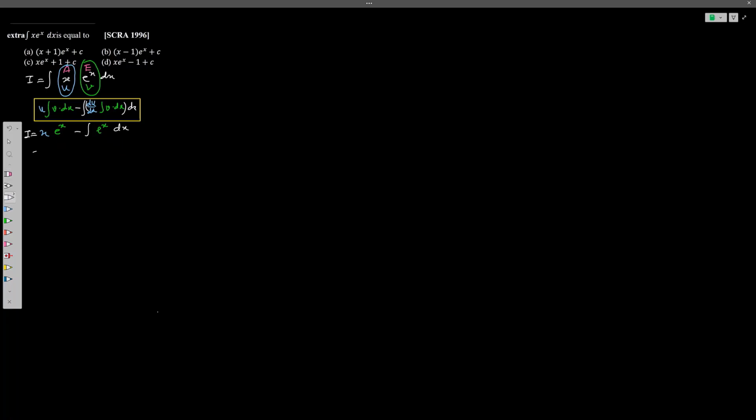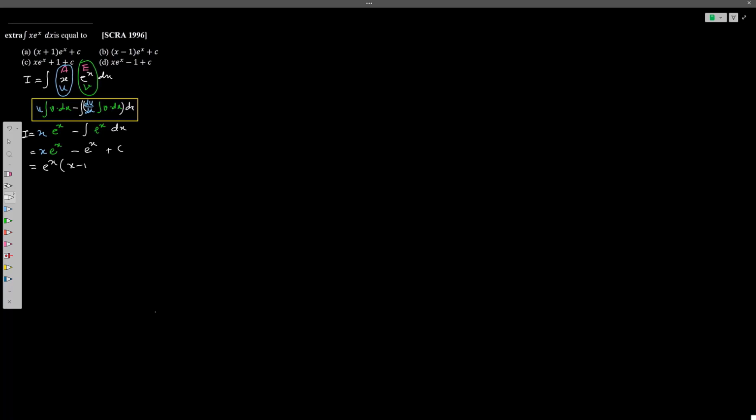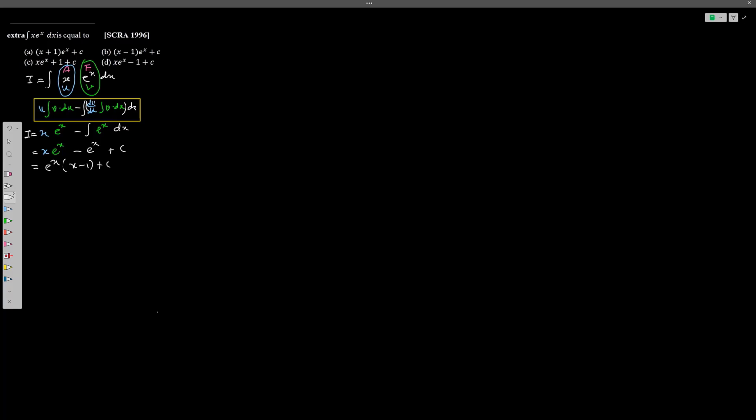Now your first term will be as it is, and in the second term, integration of e raised to x is e raised to x plus c. To get the final answer, we have to take e raised to x common, so we'll get e raised to x times x minus 1 plus c. Option B is your answer.